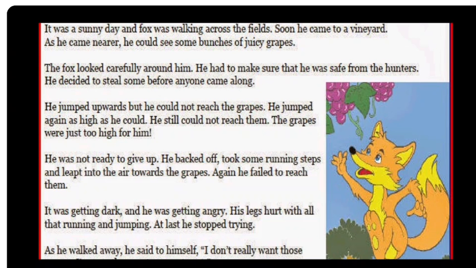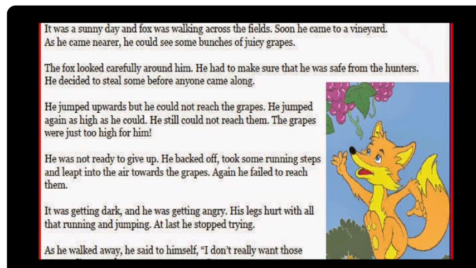Now, the next para and the first line. He jumped upwards, but he could not reach the grapes. Now I am explaining this line: the fox was very tempted at the sight of the ripe grapes, and he jumped but failed to get them because the grapes were hanging very high.